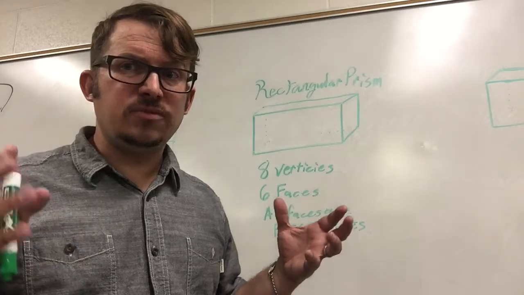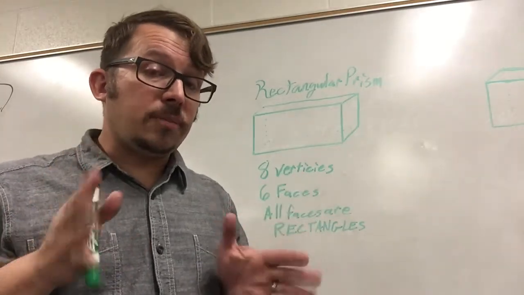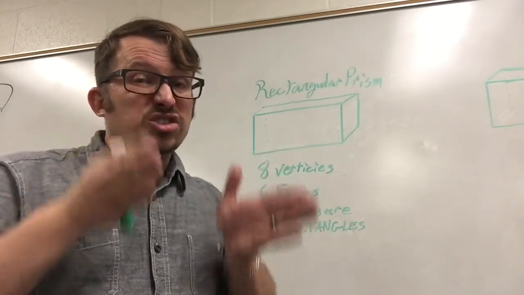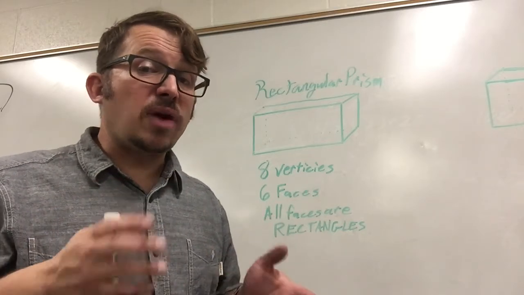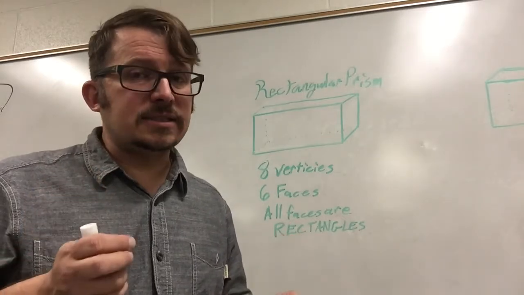What about the faces? Faces? I didn't even know it had like a skull. No, that's not what we're talking about. When we talk about the faces of a three-dimensional shape, the faces are the surfaces, the sides, the three-dimensional sides. So how many faces does a rectangular prism have? It's got 6.